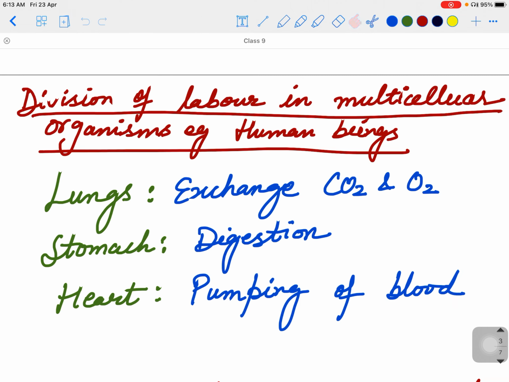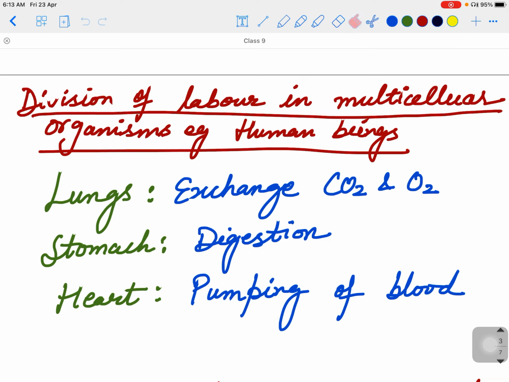You will never observe that stomach is involved in pumping of blood and heart is involved in digestion. This will never happen. It is not observed till now. It is observed that a specific organ is involved in a specific function. So this is division of labor observed in the human body.